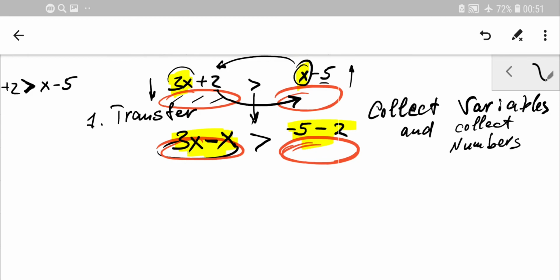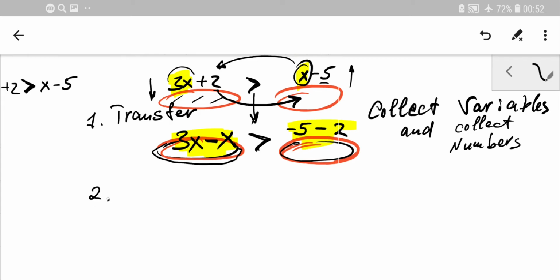So I've collected variables on the left plate, and here I collect numbers on the right plate. Keep in mind that you still keep your inequality sign as it was originally.